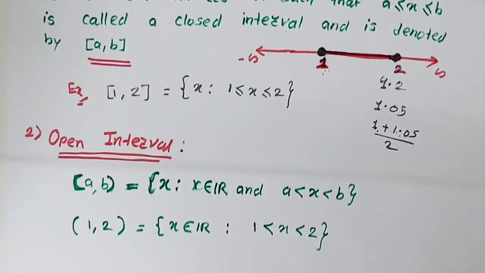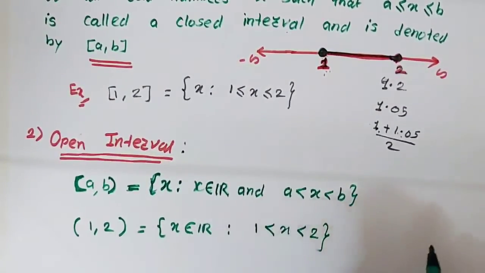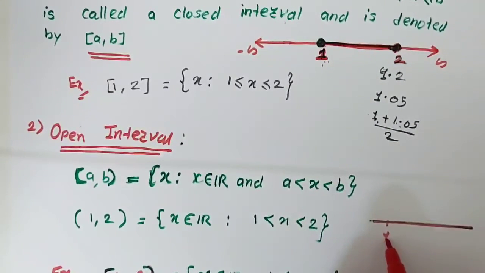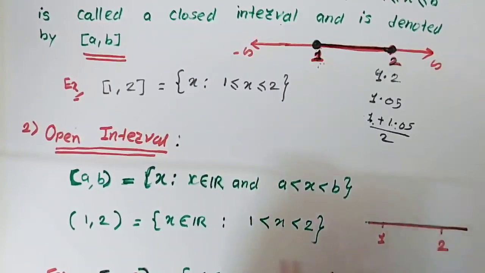Similarly, if we want to show the open interval 1 comma 2 on the real line, again we consider point 1 and point 2.